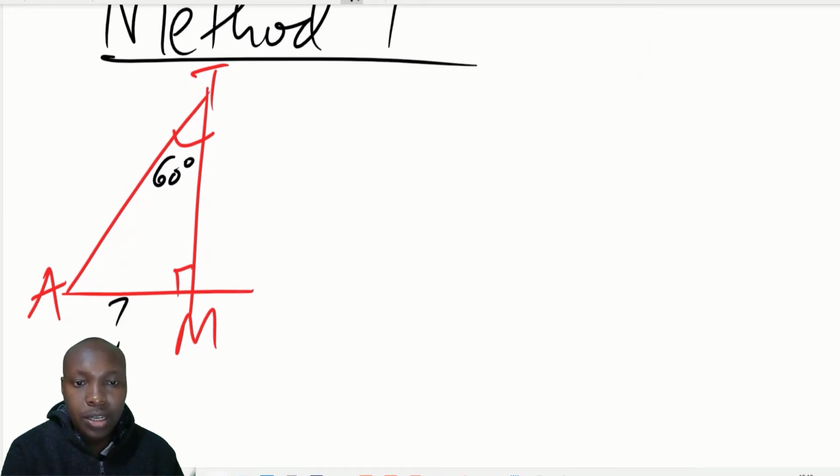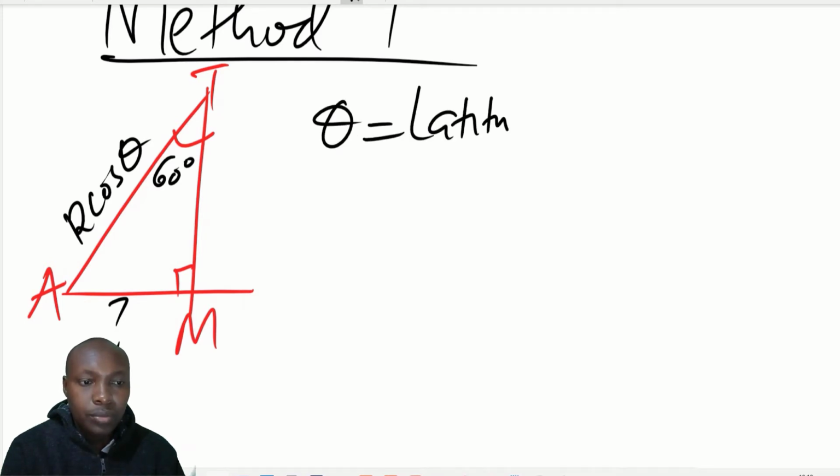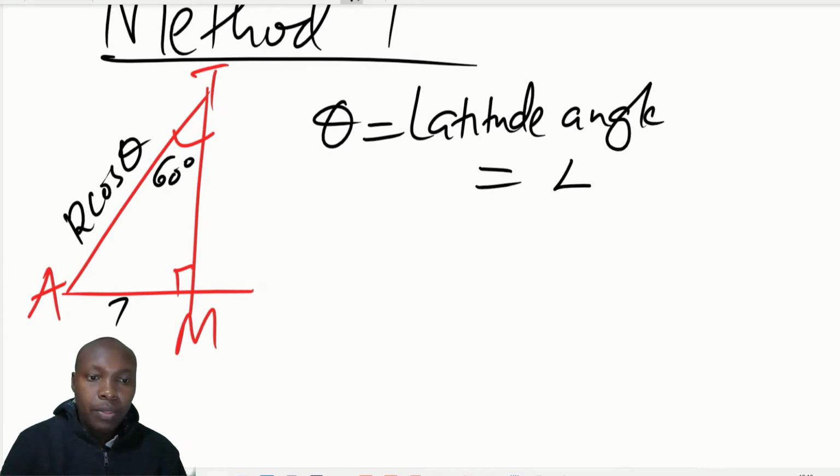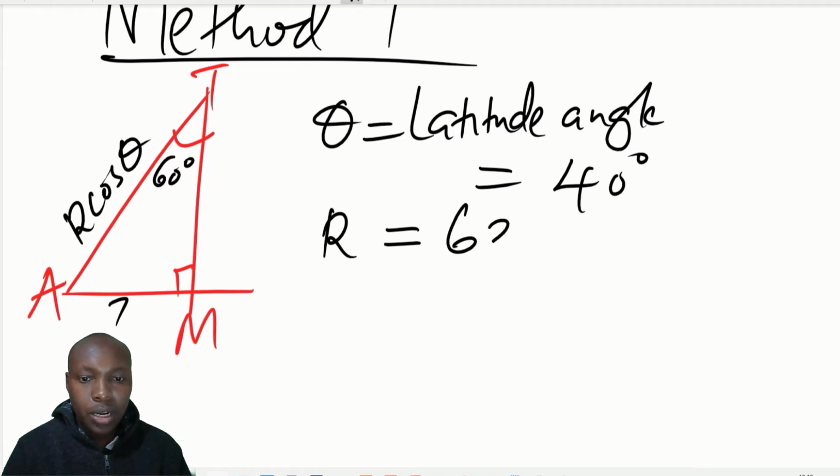So don't forget, AT is the radius of the small circle, which is given by r cosine of theta. And don't forget that in this case, theta is the latitude angle, which is given as 40 degrees. Then the radius of the great circle is 6370. Therefore, we can obtain this length of AT.